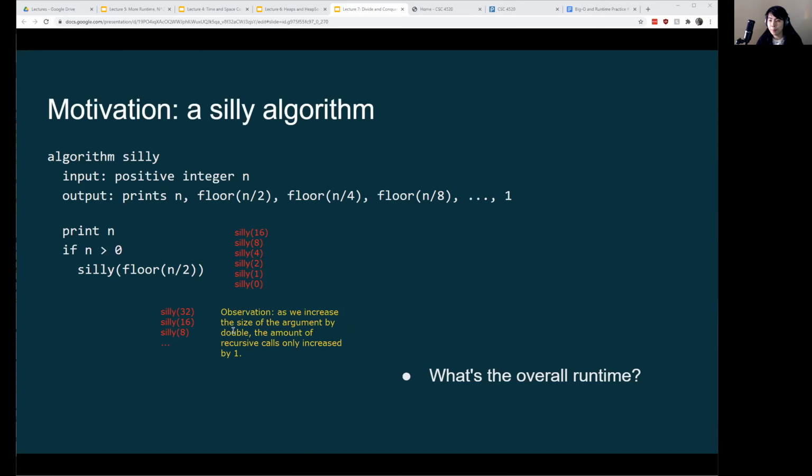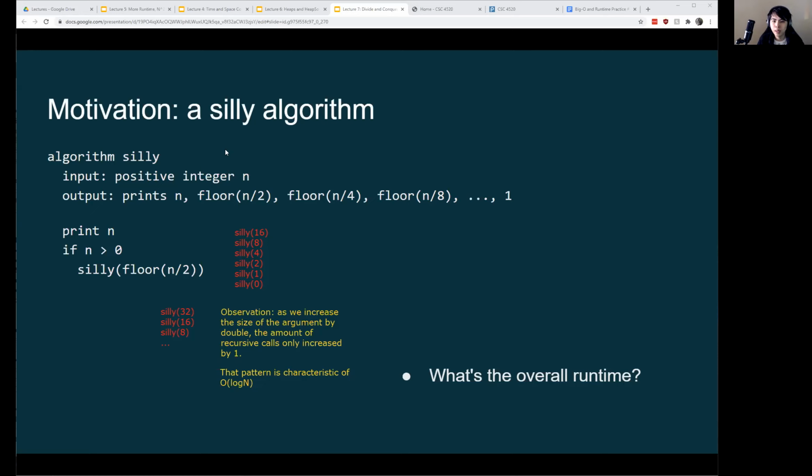That pattern is characteristic of O of log n, where n is the integer in here, which means that as we increase the n that comes into silly, we could say that silly is 128, but the number of recursive calls we make stays pretty small.